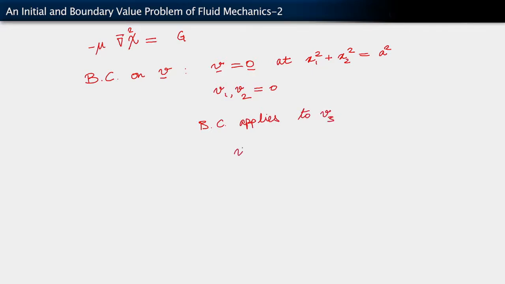In particular we have v3 at x1 square plus x2 square equals a square has to be equal to 0. But then remember that v3 is just chi.